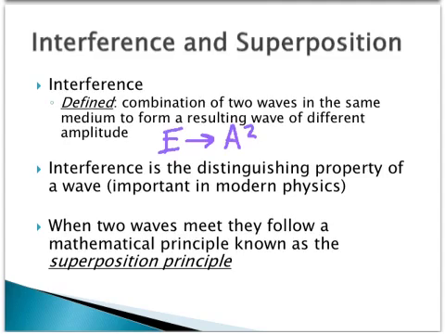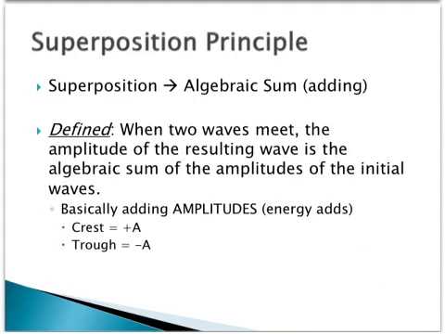When two waves meet, the principle they follow is called the superposition principle. It relates to interference of waves, but it is also a simple principle that relates to many things in physics. Superposition is a fancy term that represents addition. It is basically the addition of two waves, the algebraic sum.